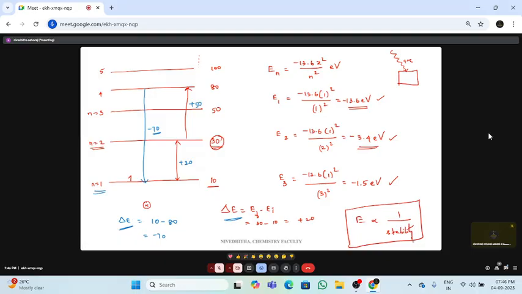So this is called electronic transitions. If the electron is moving from a lower energy level to an excited state, energy is being absorbed, and if the electron is coming back to a lower energy level, the electron is losing its energy. The energy I'm talking about is nothing but electromagnetic radiation.